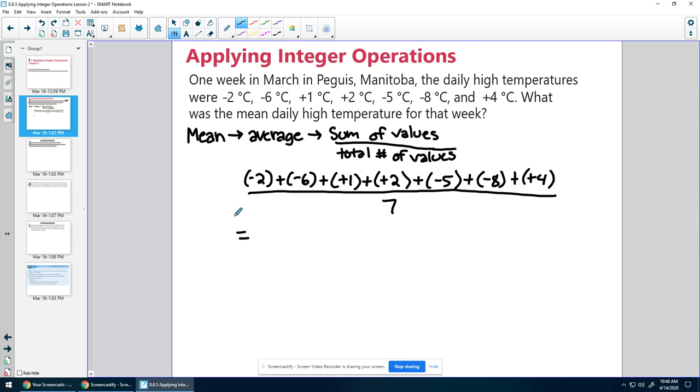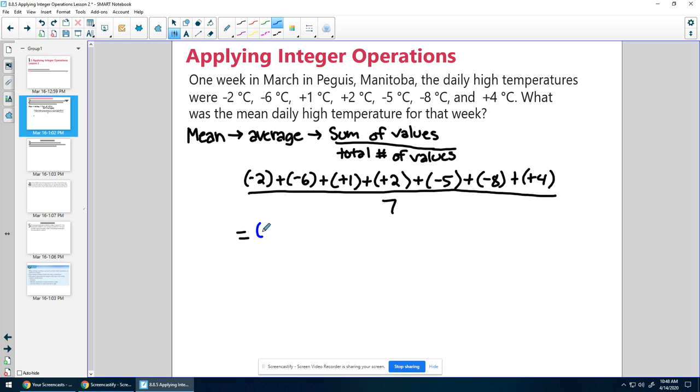Okay, step 2. Reminder, you can't use a calculator for this unit, so you have to do everything with mental math. Looking at this, it might be a bit daunting, but we can organize our information to make sure we don't miss something and make a small error. Because we're adding, order doesn't actually matter. So I'm going to reorganize our information, grouping all of our negatives together and all of our positives together.